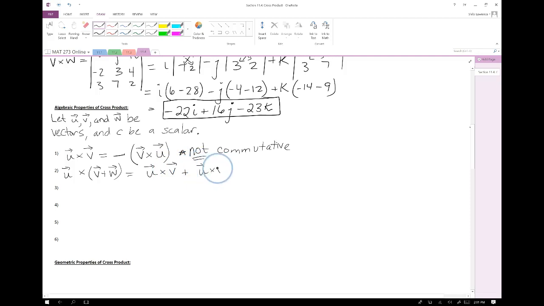Cross product is quite a bit of work though, so I don't see typically how expanding that would be useful, but I could see how maybe condensing it would be useful. So using the equation in that direction, if I see that I've got two operations that both involve a cross product with the same vector, I could really just combine them so that I only did one cross product. So it is distributive.